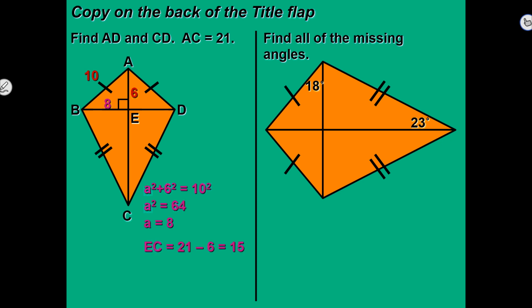Oops, sorry. Got ahead of myself there. And then they said AC from here to here is 21, right? And we know from A to E is 6. So how could I find just EC? Right, subtract. So now I know that EC is 15. Now what could I do to find BC or CD on the outside edge?